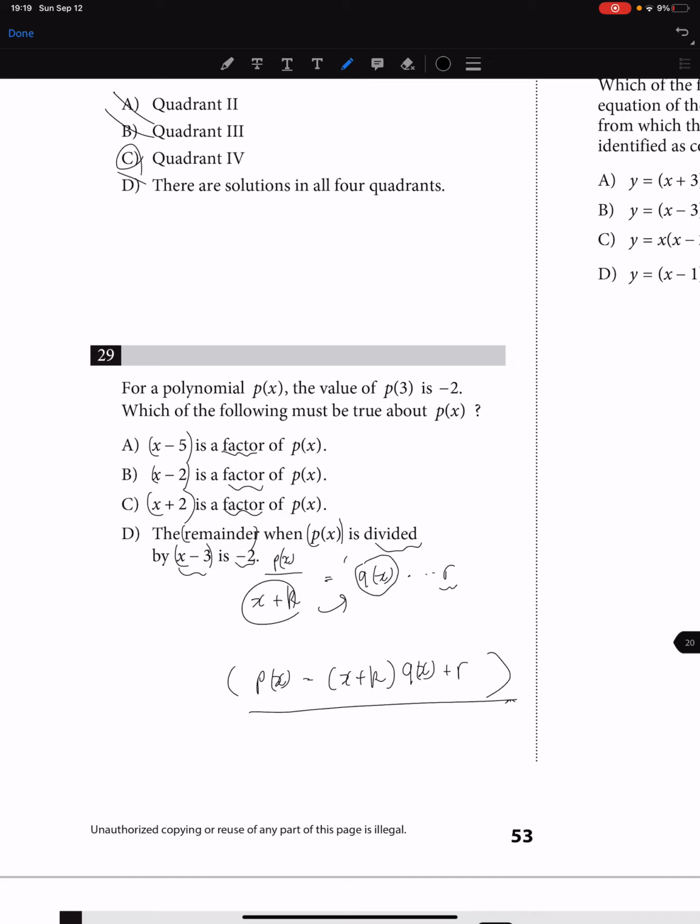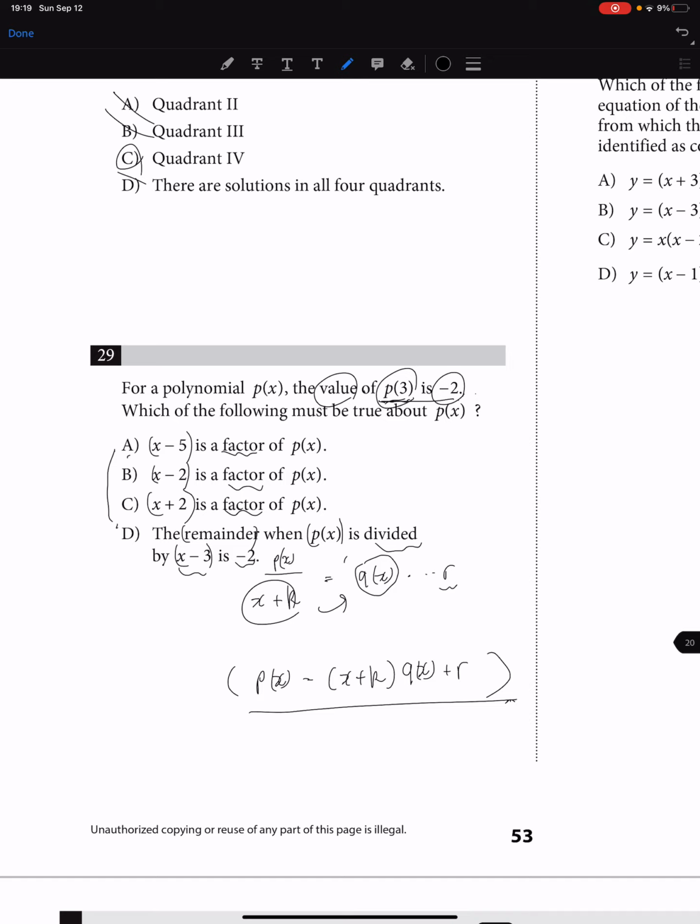But okay, for a, before plugging in a, b, c, d, you should use this information that the value of p(3) is -2.